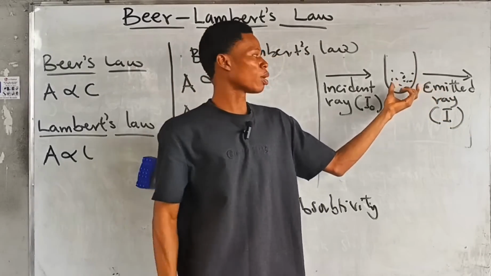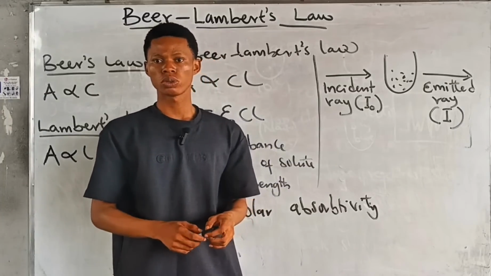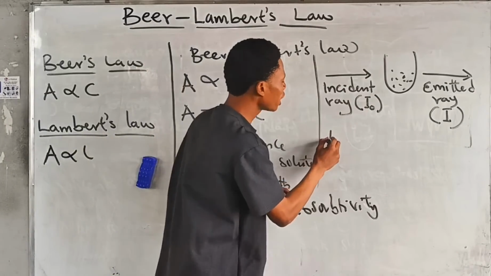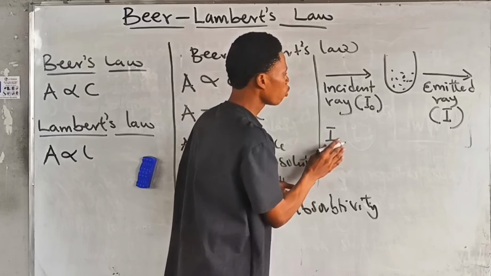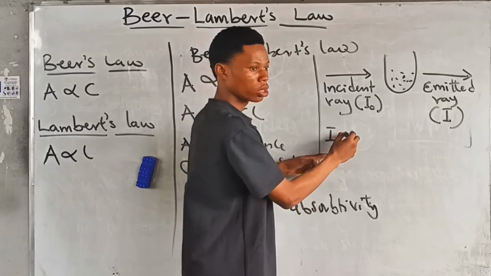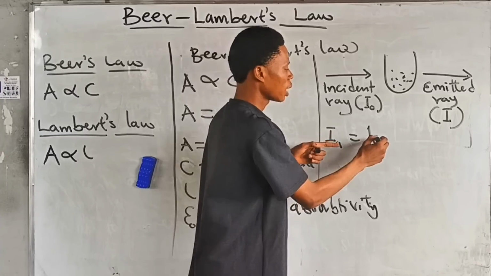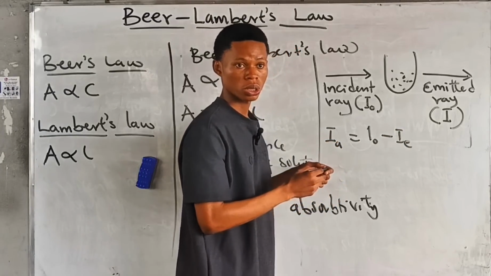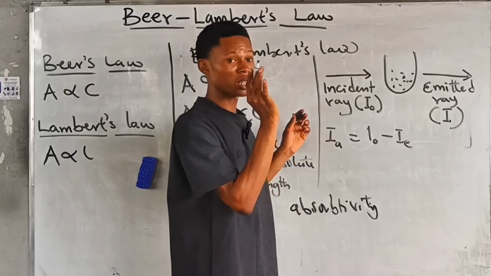If you want to measure the amount of light that is absorbed, it's just the incident minus the one that is emitted, right?